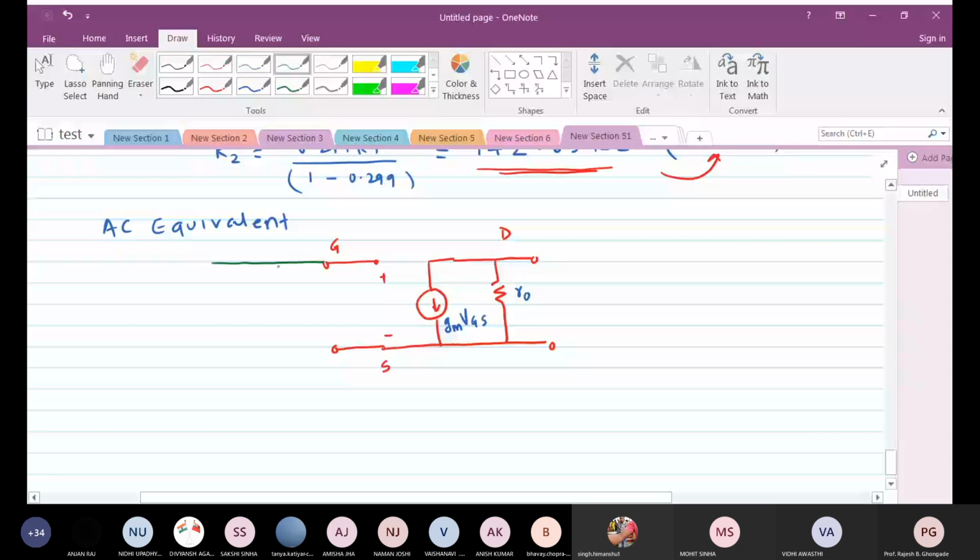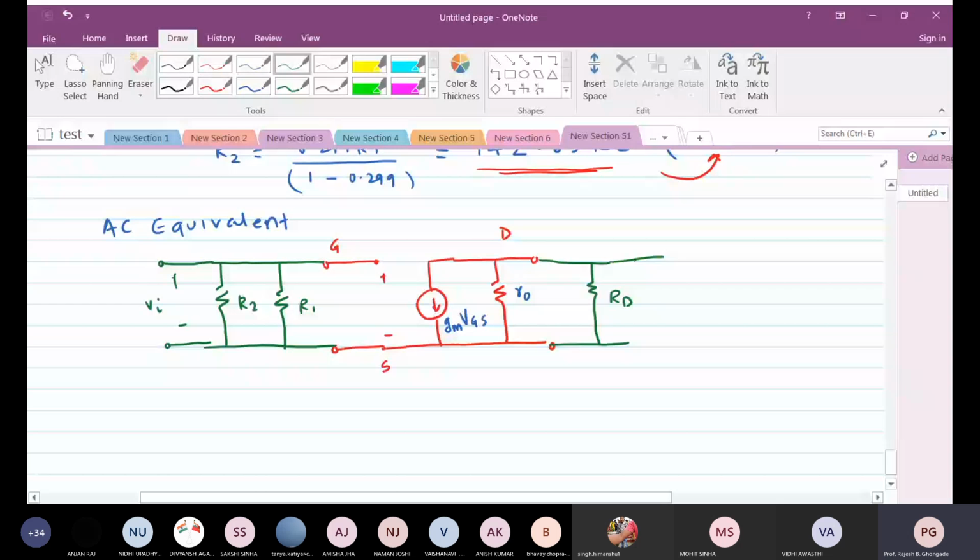R1. This is R2. And you are having the input voltage here, whatever is the signal voltage. Similarly, on the output side, I have RD and we have the load.